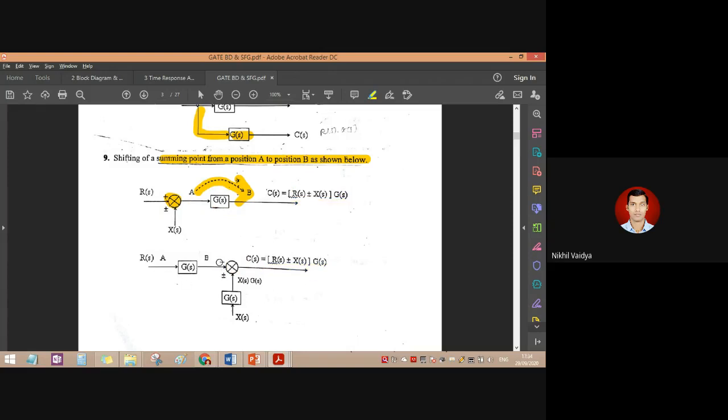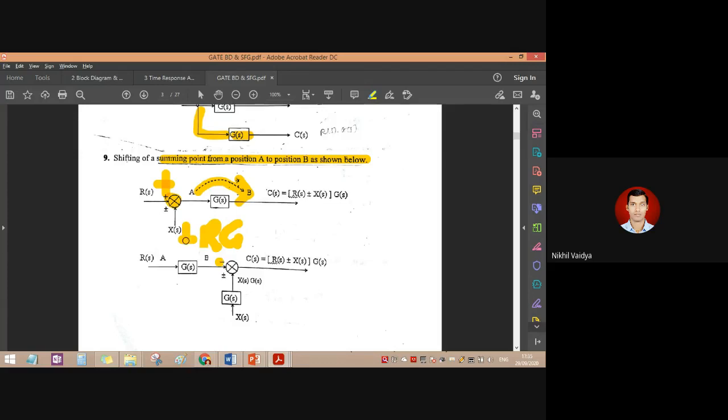So what will be the input here? The input from this side will be minus R of S into G of S. Why, sir? Because here is minus. Okay, here it is minus. So R of S into, actually it should be plus, because the core sign was plus. There is a printing mistake in this question bank. So this should be plus.